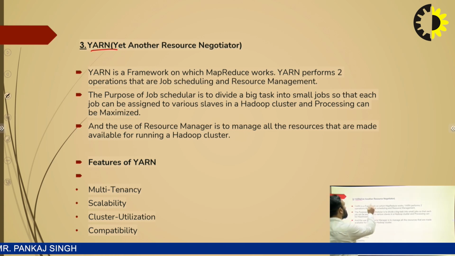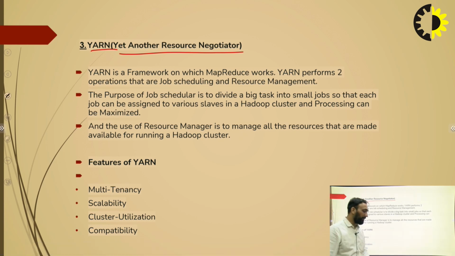Yet Another Resource Negotiator. As the name suggests, and we will study these topics in detail in operating systems, what is job management and what is resource management. It works as a negotiator, deciding how to use the jobs and how to manage the resources available in a cloud architecture.